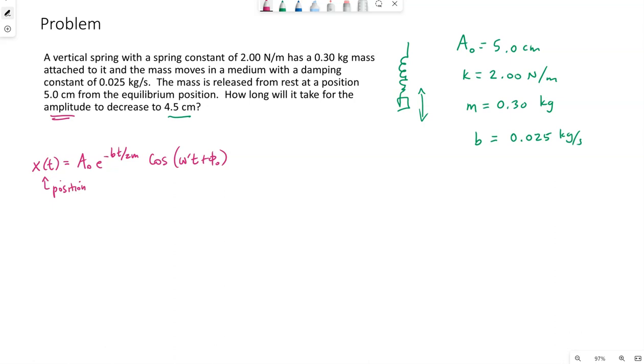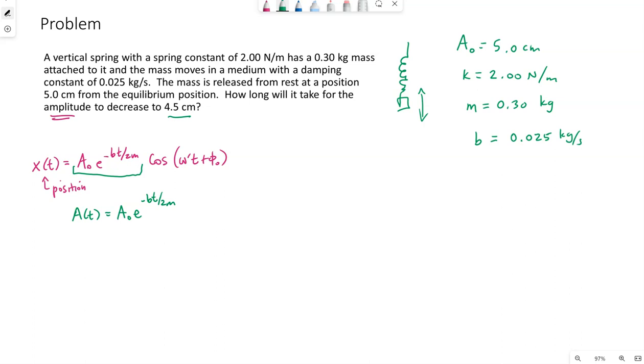So exactly where the mass would be located at any given moment in time. This portion represents how the amplitude itself is changing with time. So not where the mass is specifically, but just how that amplitude is decreasing and dying off with time.